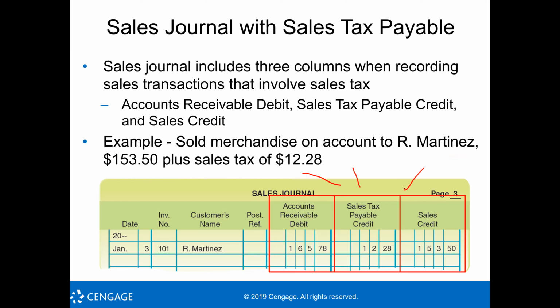So we still have the debit to accounts receivable, we still have the credit to sales, but then remember with sales tax payable, we also have a credit to sales tax payable. So, same thing with this sales journal. All our transactions throughout the month would be recorded in this sales journal. And then at the end of the month, we would total up each of these columns, and then we would do a summary entry for each of those columns at the end of the month.